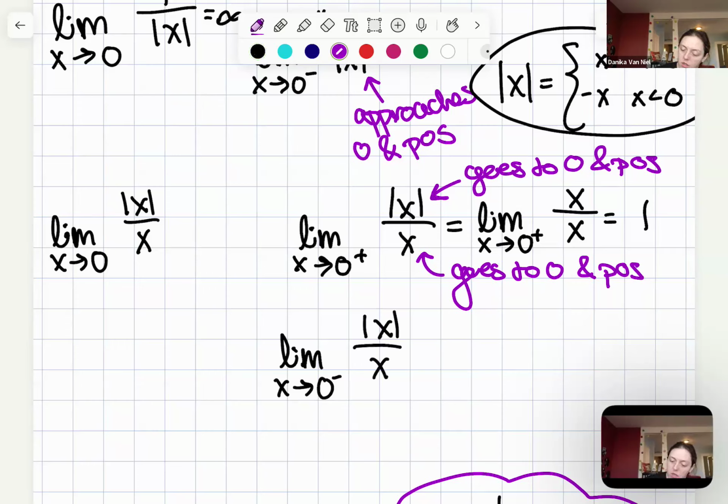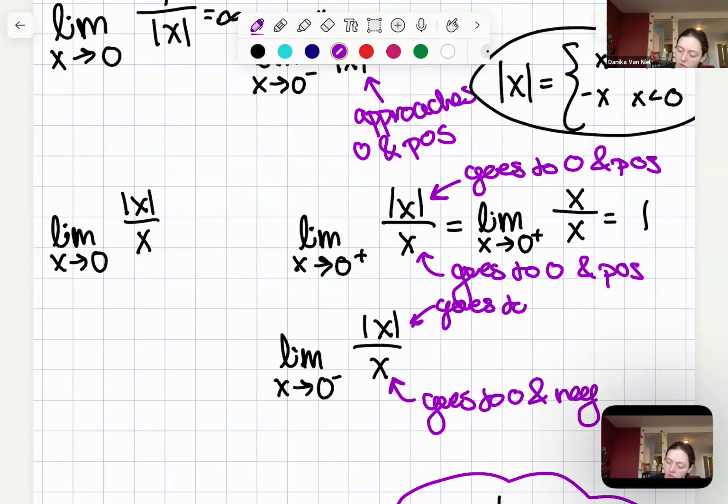So this one goes to 0 and negative, and this one goes to 0 and positive, right? So how I would use the absolute value is I would say the limit as x approaches 0 from the left of negative x over x.